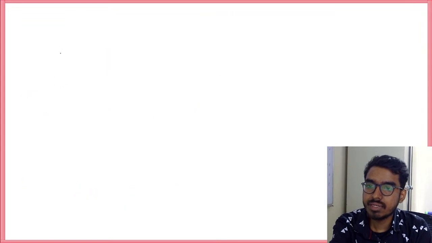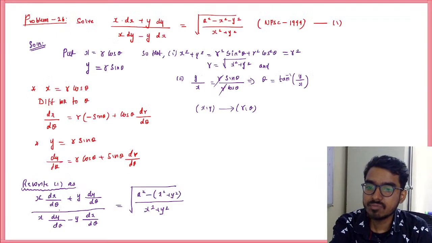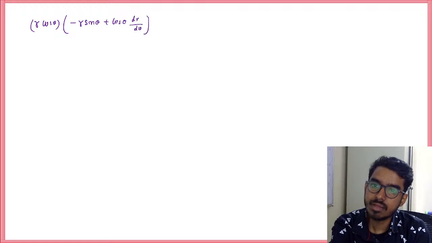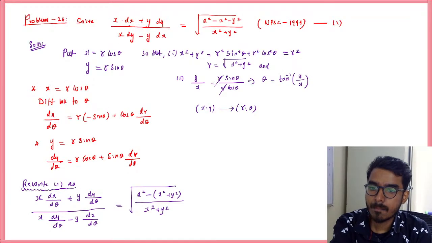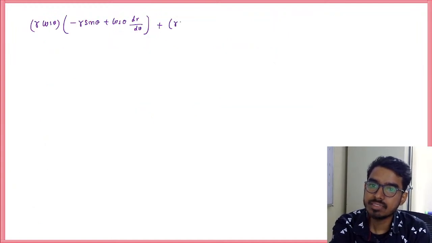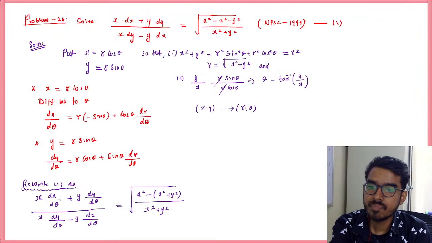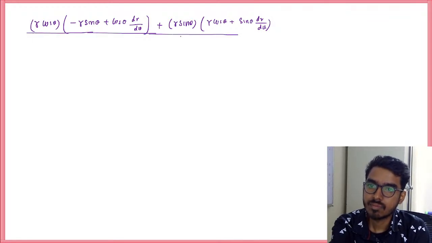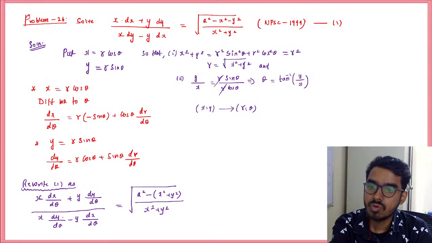So x into dx by d theta. So what is x? X is r cos theta into dx by d theta. So dx by d theta is minus r sin theta plus cos theta dr by d theta, plus y. So y is r sin theta into dy by d theta. So dy by d theta is r cos theta plus sin theta dr by d theta, divided by x into dy by d theta.